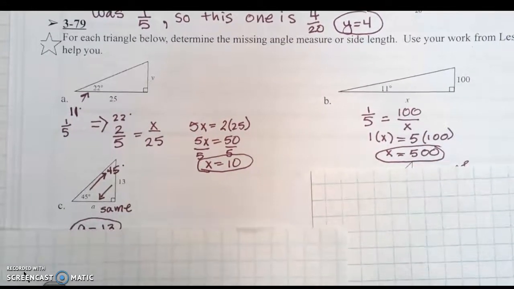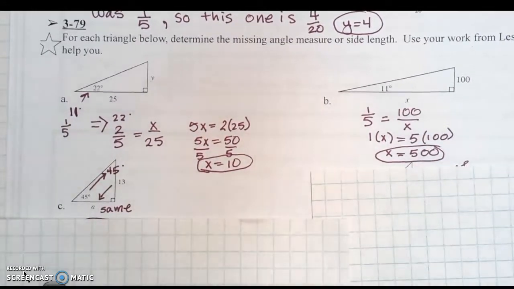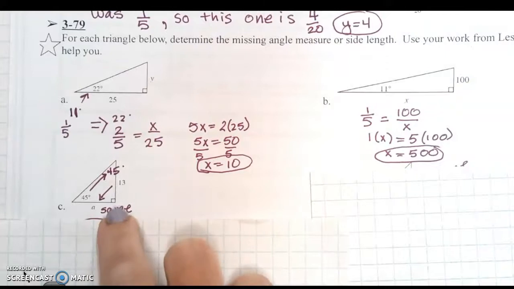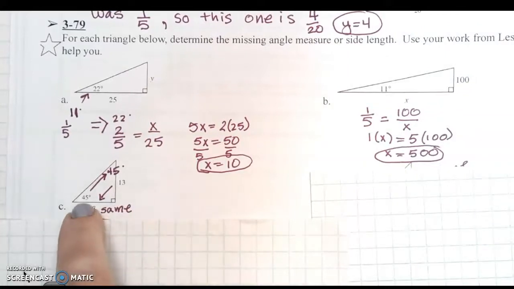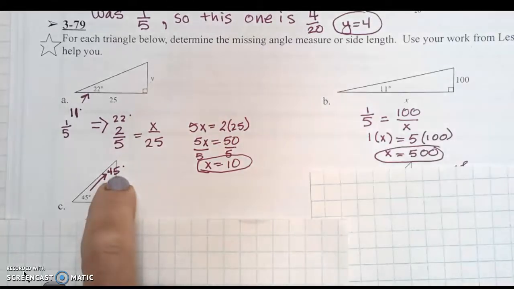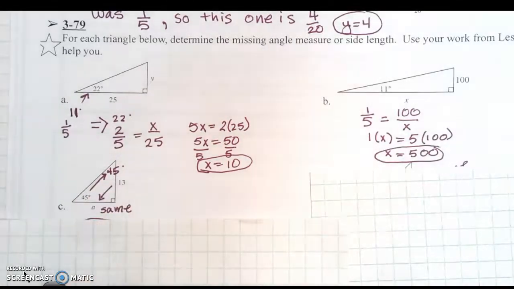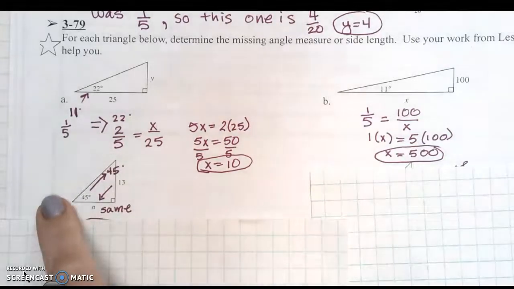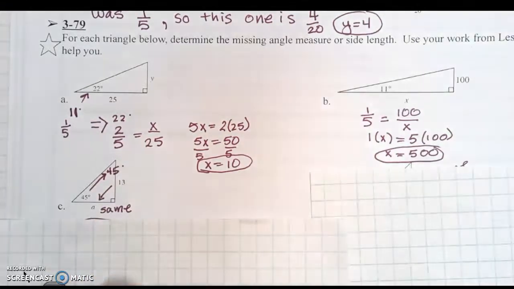Question C. All right. So for C, we have this triangle over here, and we have obviously our little box. If this angle is 45, then this angle is going to be 45 as well, because 45 plus 45 is 90. So these two add to 90, plus this 90 makes it 180.